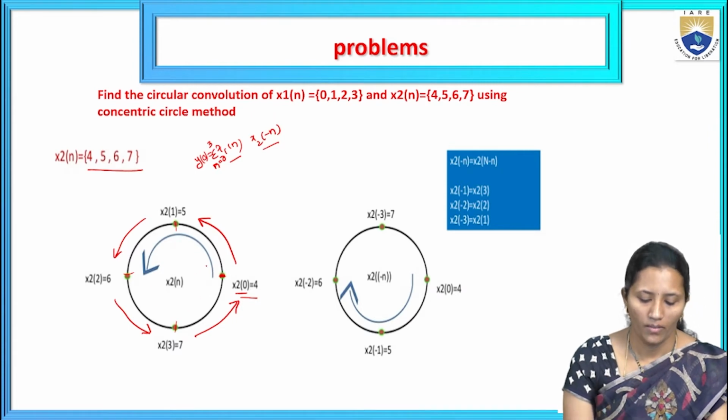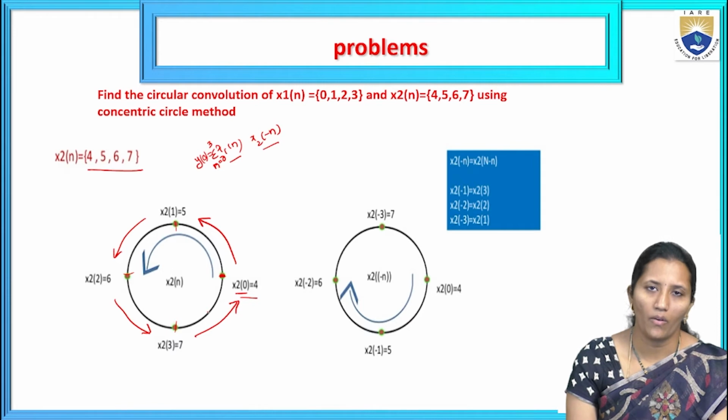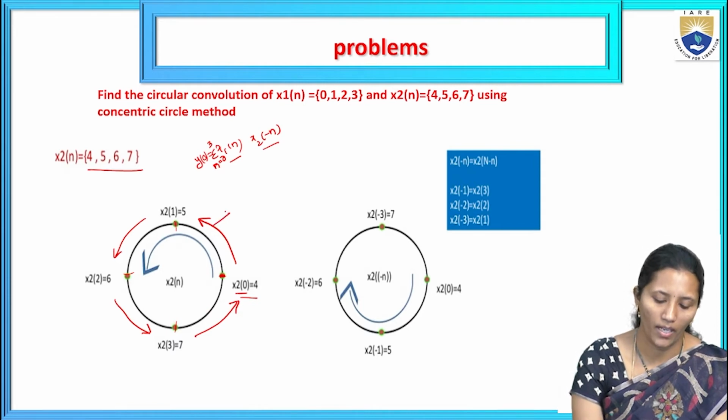So from x2 of n we have to get x2 of minus n. Here we are plotting the sample values in the anti-clockwise direction.